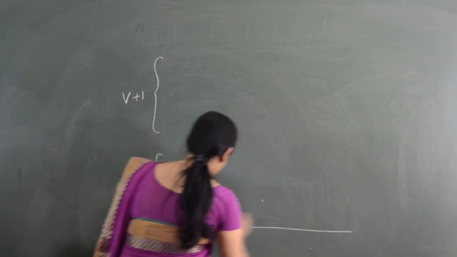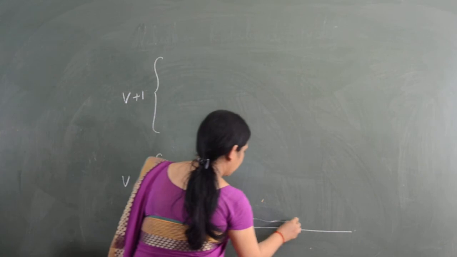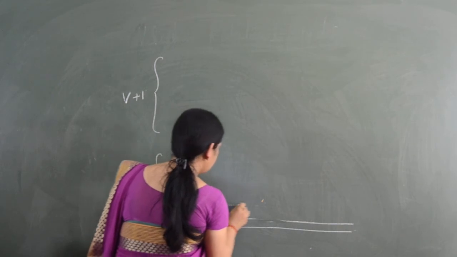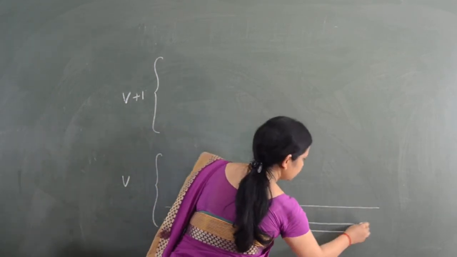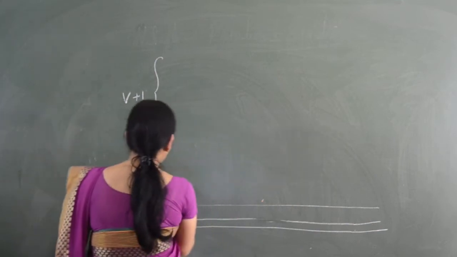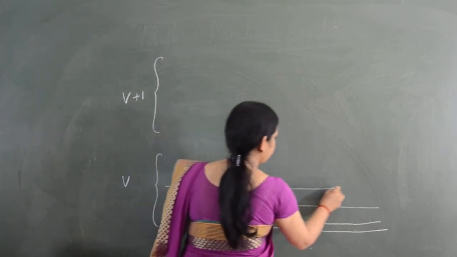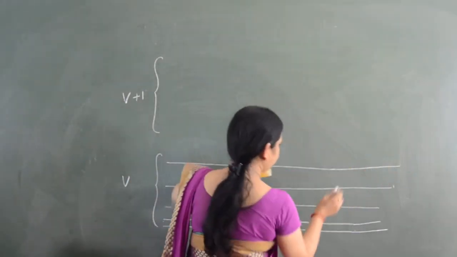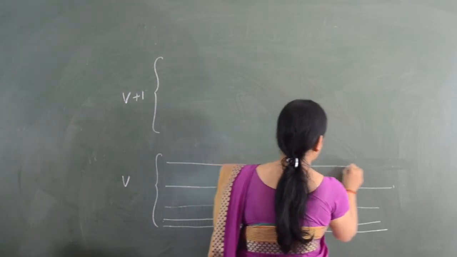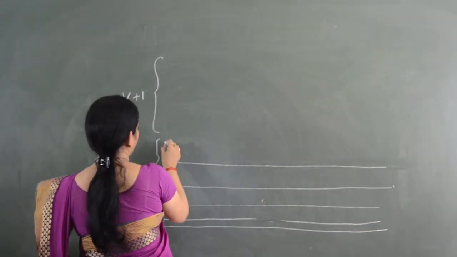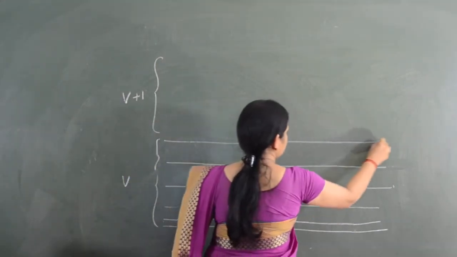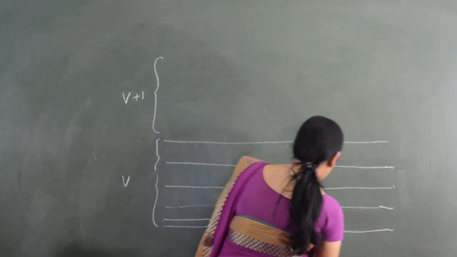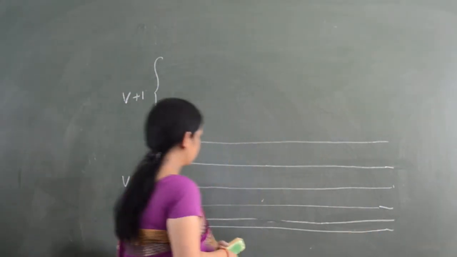This is 0, this is 1, then 2, it is longer, then 3, then 4, and then we have 5. These are rotational energy levels for vibrational state V.